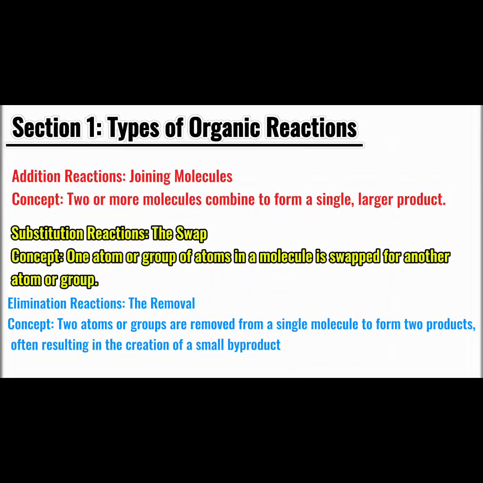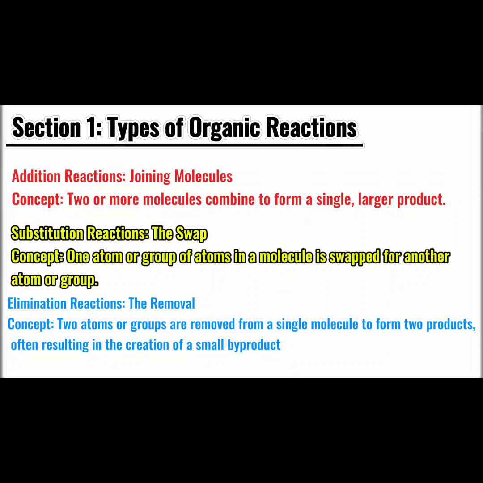Now, let's move into section 1, types of organic reaction, the foundation of this course. Organic chemistry involves countless transformations, but nearly all of them fall into three main categories. Addition reaction, which is joining molecules. First, we have addition reactions, which are all about joining molecules.